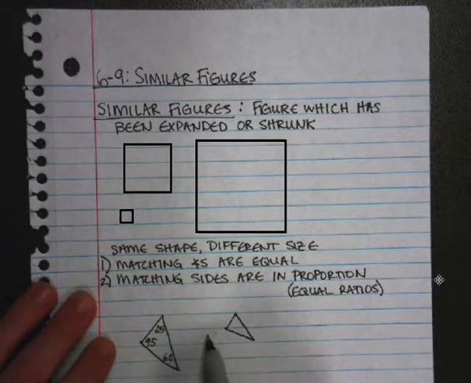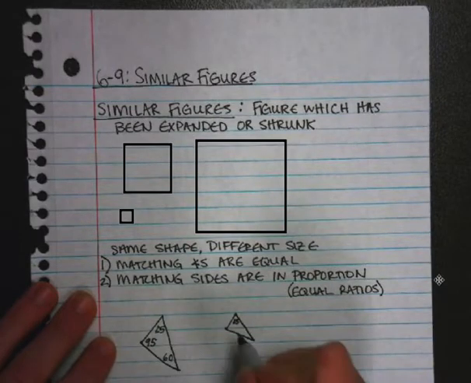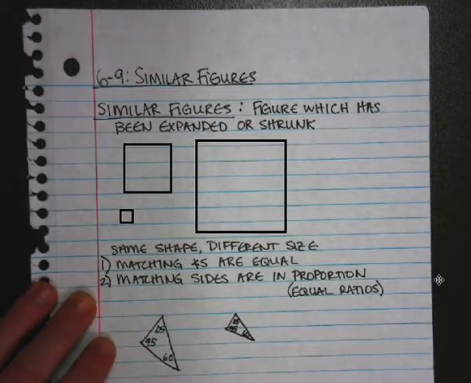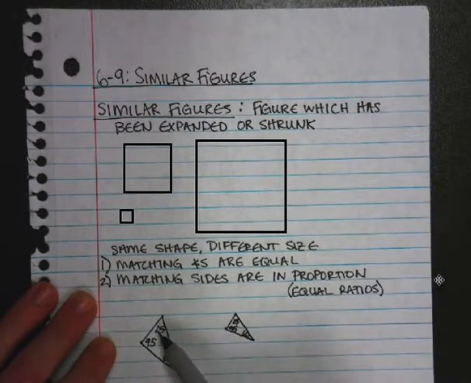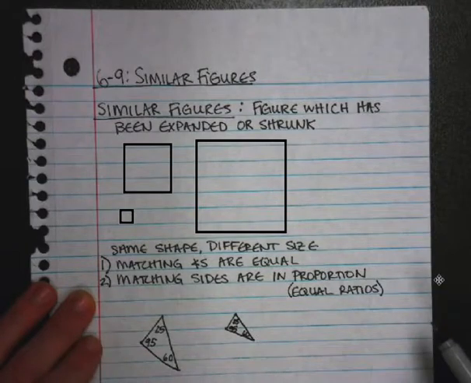So matching up the same angles, that would mean this has to be 25, this has to be 95, and this would have to be 60. Alright, so that takes care of number 1. Matching angles are equal. So again, by matching, I mean the ones that match up.